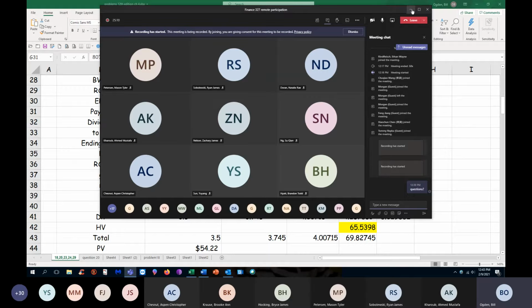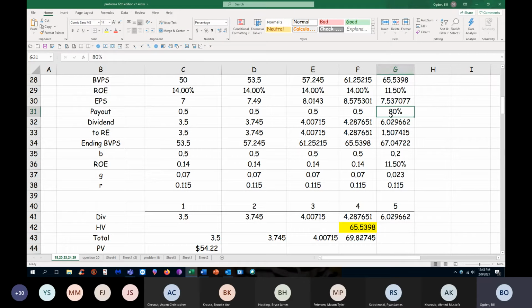Now, let's try another scenario here, just to kind of show you what's going on. That's a good question. What if I, let's see, this is my ROE and this is my R. There we go. Okay. What if I have the discount rate at 13%? Now what happens? Well, now you're starting to destroy wealth, aren't you?